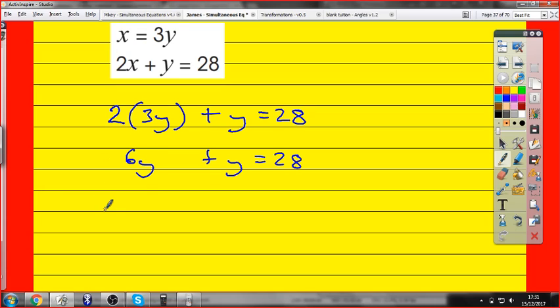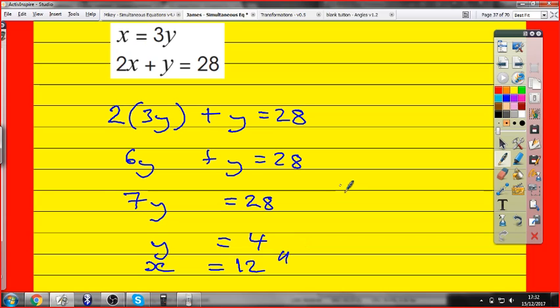Oh, no. So that's 6y plus y equals 28. 6y plus y is 7y. Yeah. 7y equals 28. So y equals 4. Okay, and if y is 4, what is x? 12.